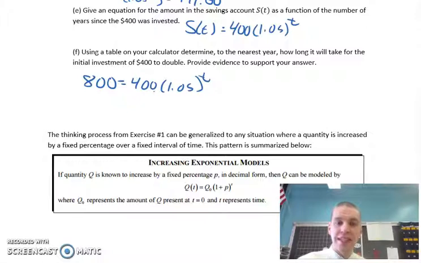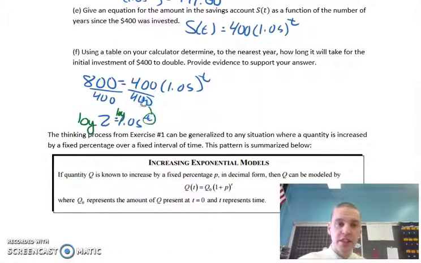Well, we have to get the exponent and the base alone. So I've got to divide by 400 here. We get 2 equals 1.05 raised to the t. And again, the variable that I'm looking for is in the exponent, and therefore we are going to use logs. So I'm going to take the logarithm of both sides.